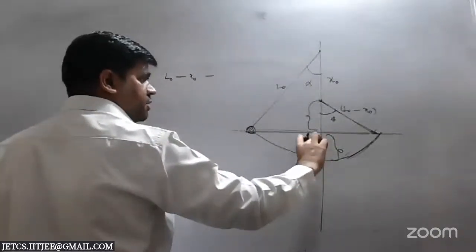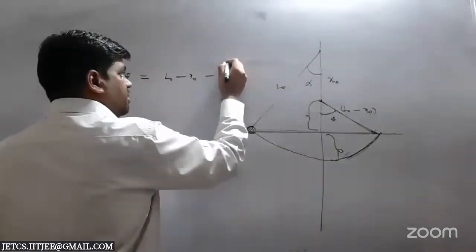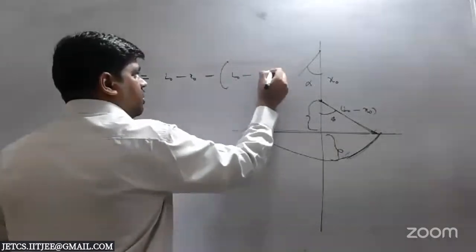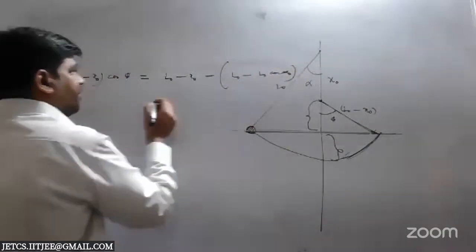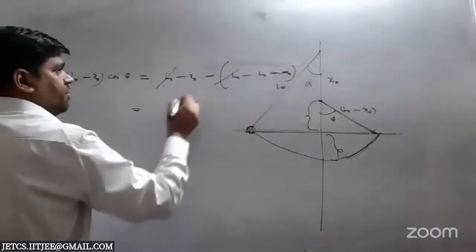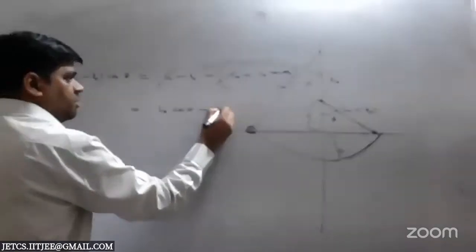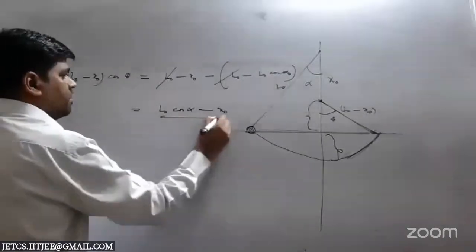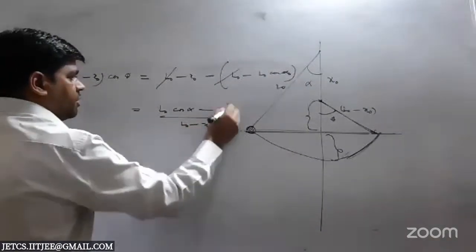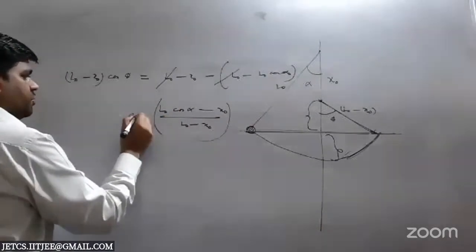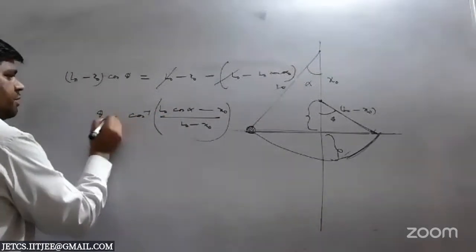How much is this? This is L minus L cos alpha. So L and L get cancelled out. Minus into minus become plus. L naught cos alpha minus x naught by L naught minus x naught is my cos theta. So cos inverse of this is theta.